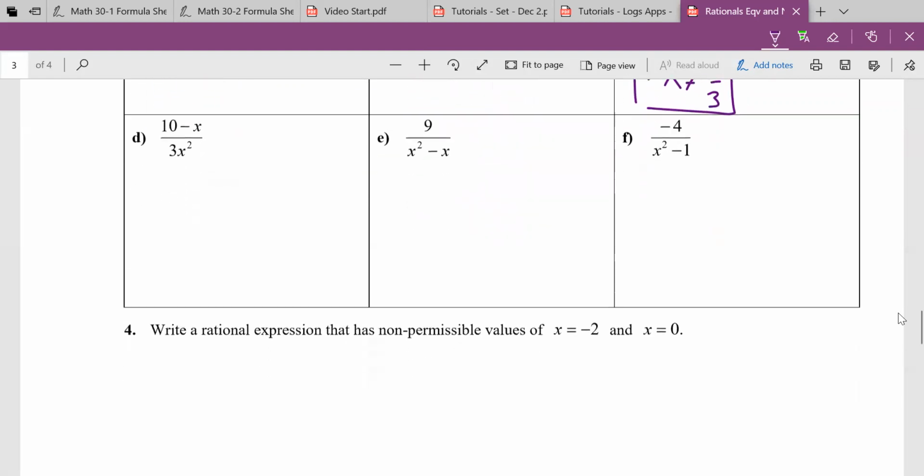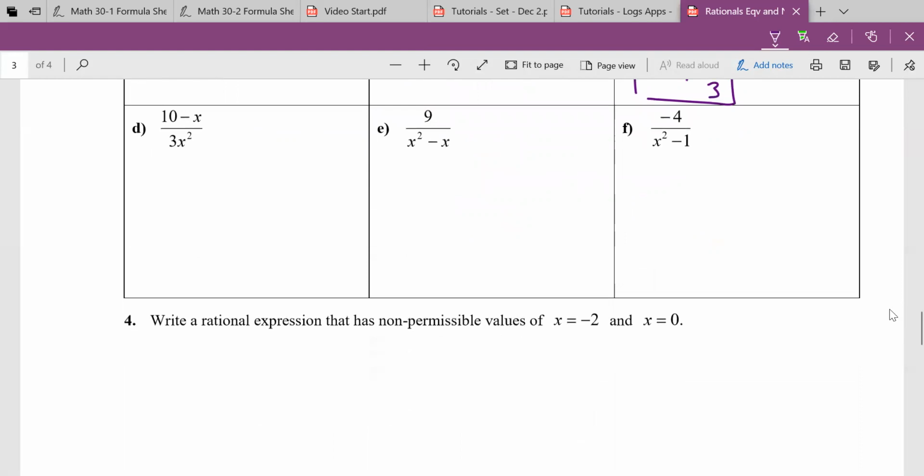We're almost done. Again, 3x squared. Well, what I want you to start to recognize here is when there's an x by itself as a monomial, guess what? It's always going to be x can't equal 0. So when there's a monomial of an x, it's going to be x can't equal 0.